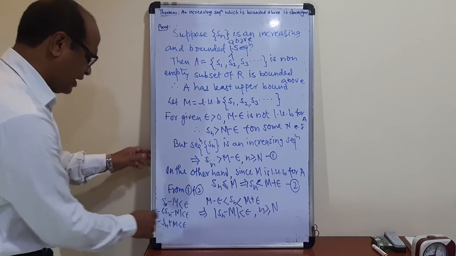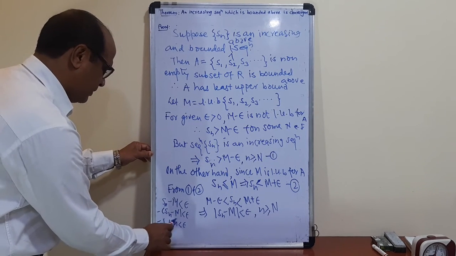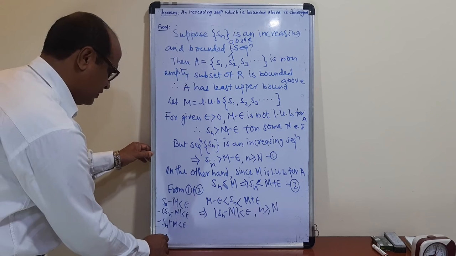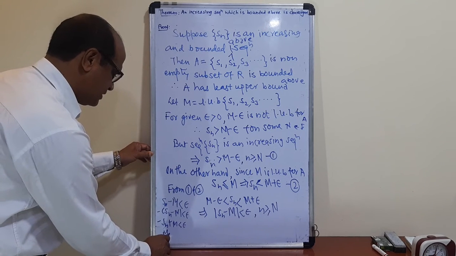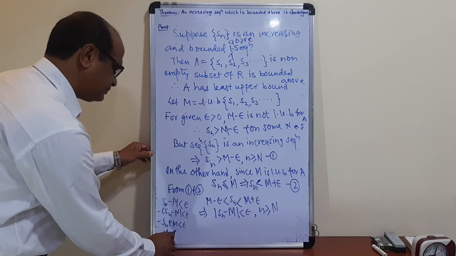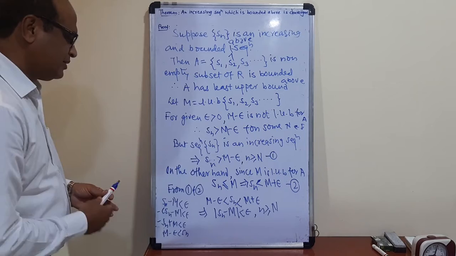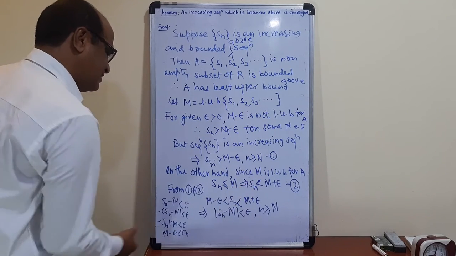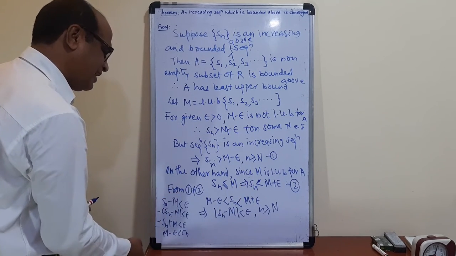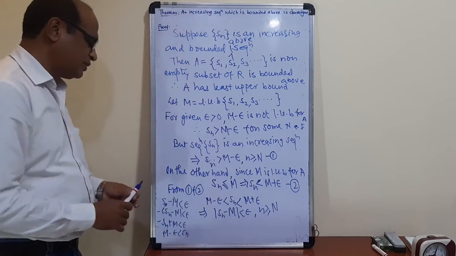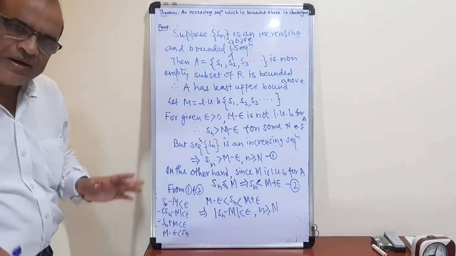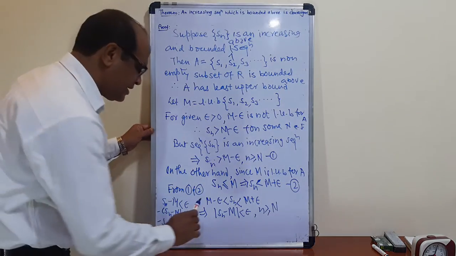So what happened here? Sn इथं गेलं. So m minus epsilon is less than Sn. आणि हे अगोदर माहितीच आहे. त्यामुळं हे असं लिहू शकतो. आणि this is the definition of limit of sequence.